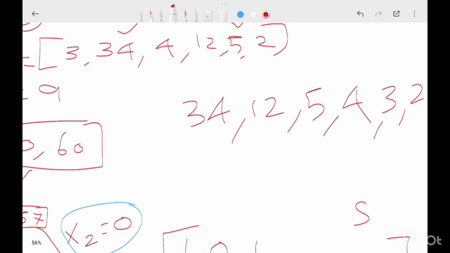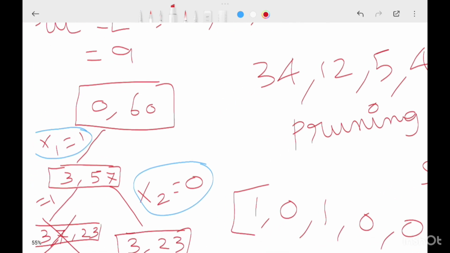If you use this descending sorted array, then we can do some early pruning. Pruning here means finding the dead state, so we can reach a dead state earlier.